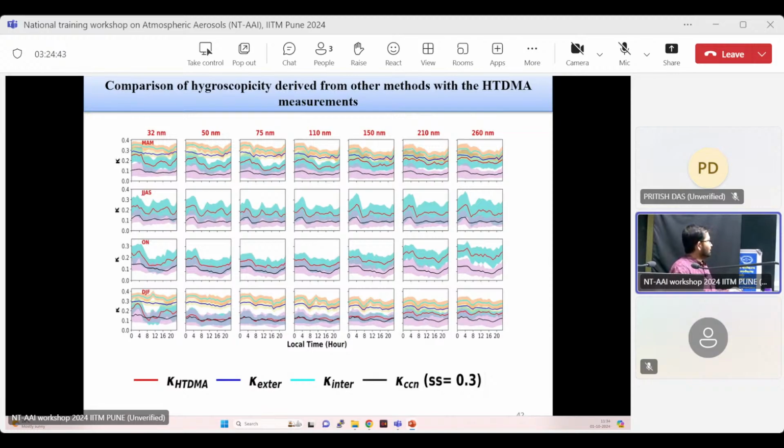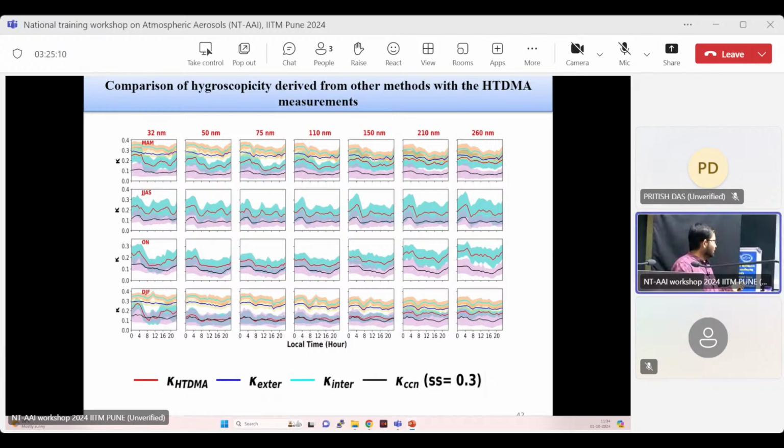So even though you are putting so much effort into estimating kappa through indirect ways, you may not be able to reach the actual kappa which is present in your atmosphere. Either you will be underestimating, if you are considering kappa from CCN, it's mostly underestimating, or it will overestimate in terms of chemical composition.